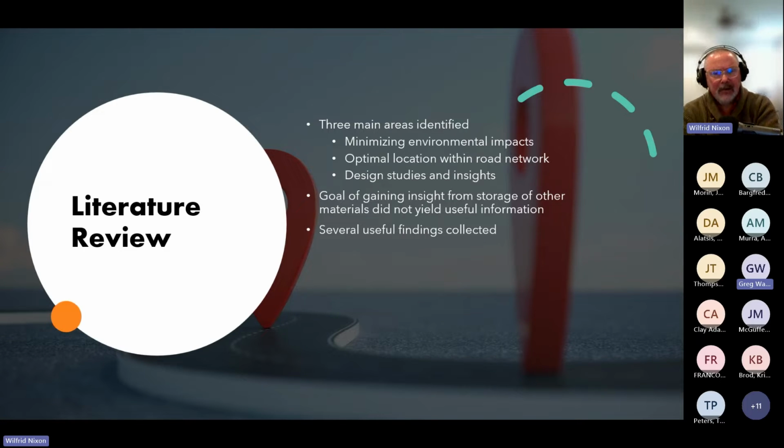And finally, there were a number of studies related to design of these structures and the insights gained from them and the experience that various people had when they constructed their own facilities. We'd had an original goal of gaining insight from storage of other materials, other granular materials, but that didn't unfortunately yield any useful information.